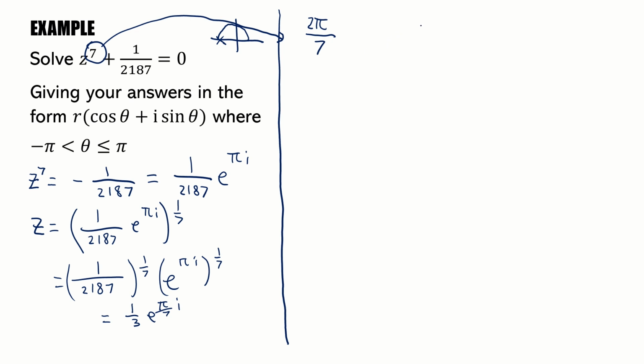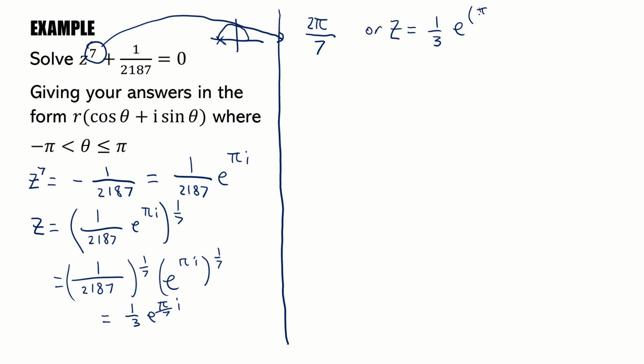So for our other roots, all we have to do is add 2 pi over 7 onto the arguments. So we'd get z equals 1/3 e to the power of, because they're going to have the same modulus, just a different argument, 1/7 pi plus 2 pi over 7.